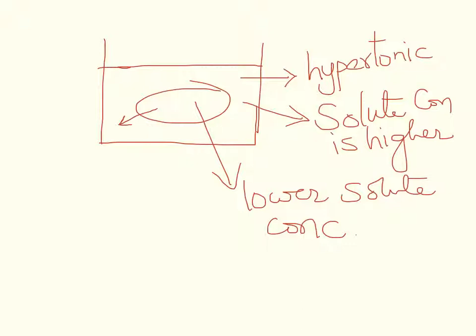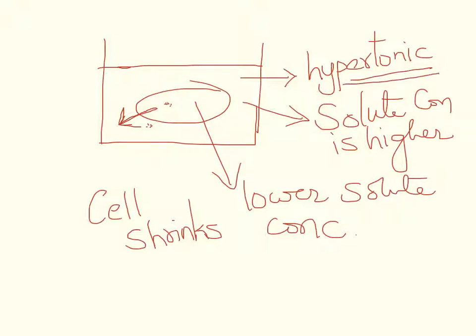There is a difference in the concentration of solute inside and outside the cell. Because of that, water flows outside of the cell. So in a hypertonic solution, the cell shrinks.